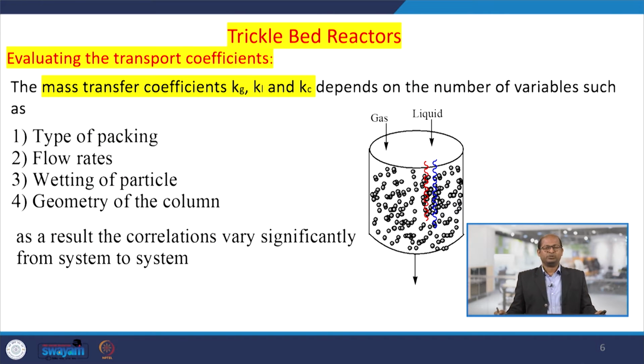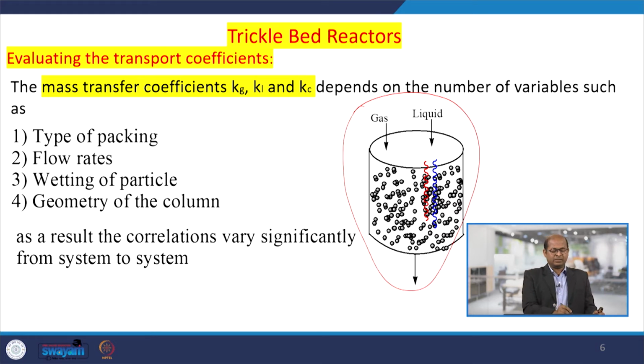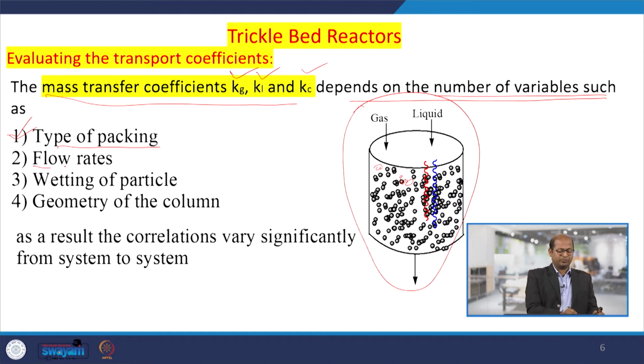Also, one more thing, this is the trickle bed reactor, so reactions may be different from one reaction to another. The mass transfer coefficients Kg, Kl, Kc depend on a number of variables: the type of packing, meaning the packing materials or catalyst packings, and also the flow rates of the liquids and gas, and the wetting of the particles.